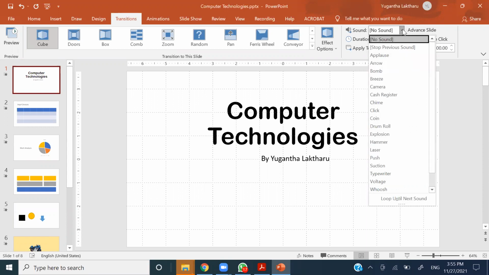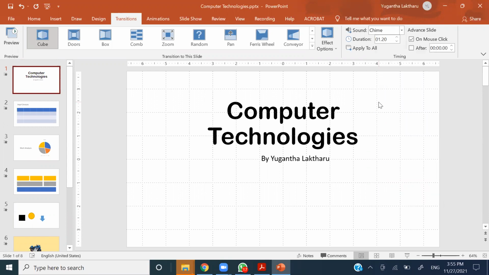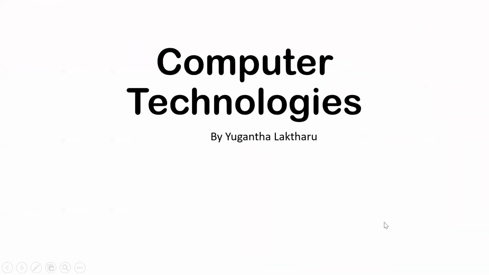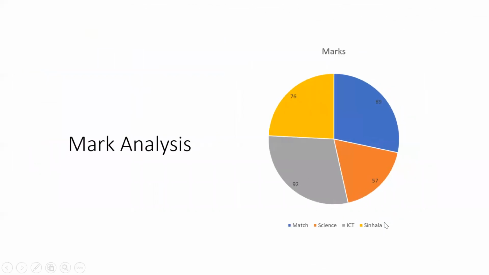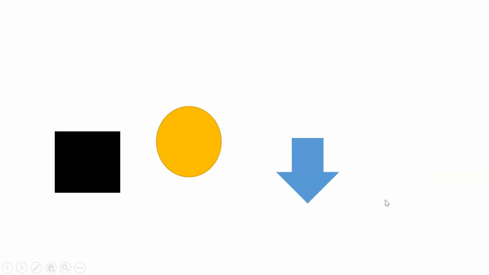And if I choose, let's say, a chime, and if I apply to all, can you hear the sound? Now the chime happens for a single click.